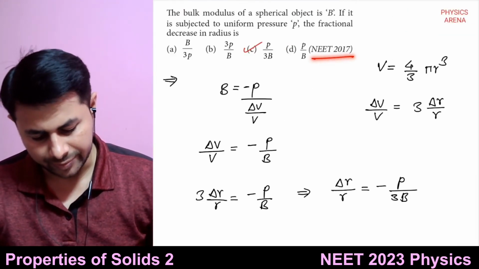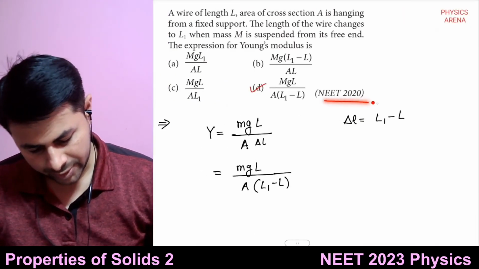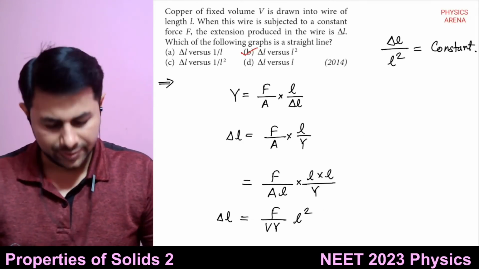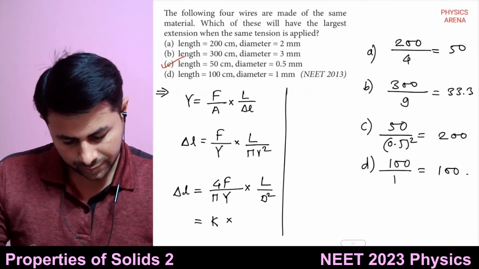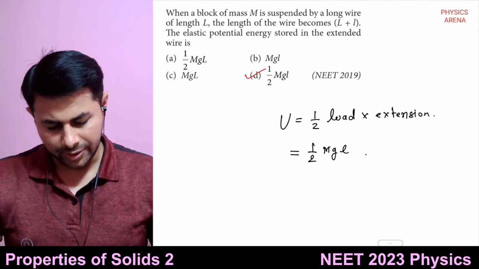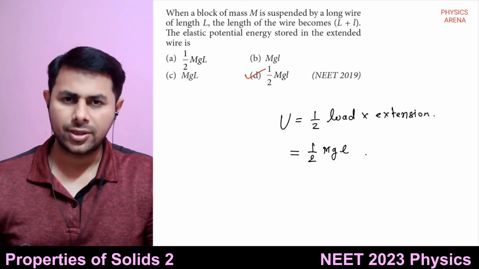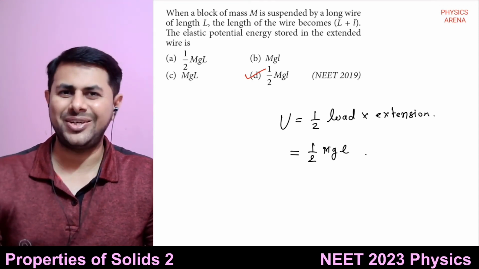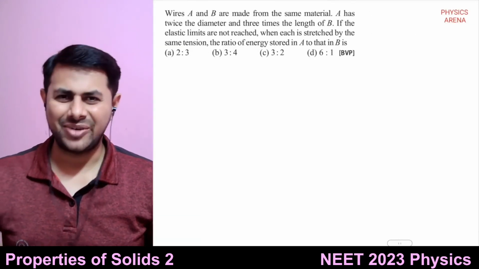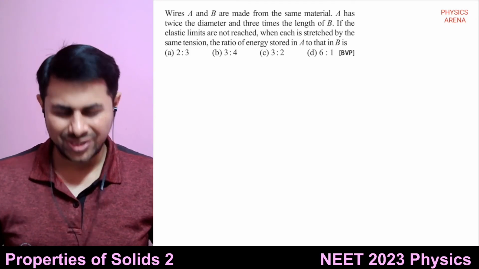But from 17, this was 18, 20, the questions have been very easy, right? So from this chapter, definitely there will be one question. How much definitely? 99%, right? Because there have been one or two questions in the past. And the question will be easy.